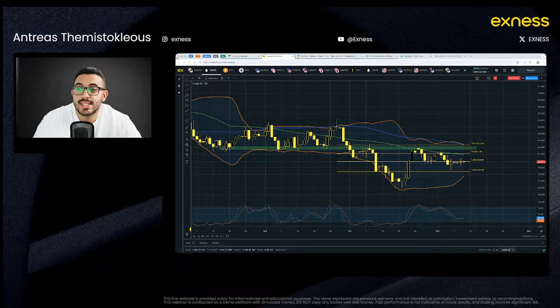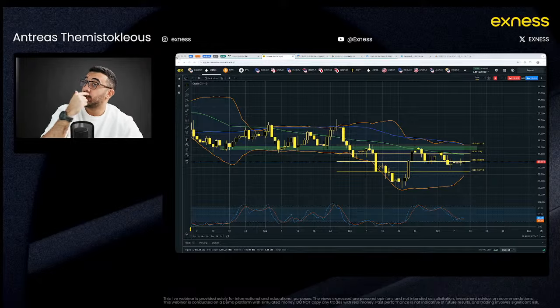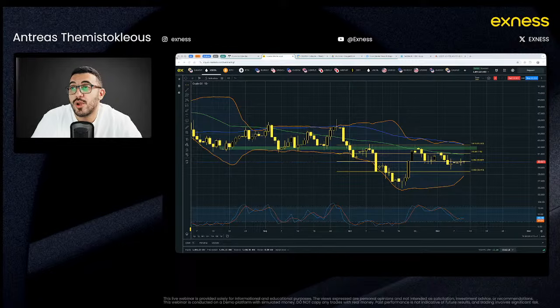We see stochastic being at the neutral level. So what I like to do with indexes is build up my Fibonacci levels on the super short term, or the latest swing, and try to find some entry points. In this case, it looks like we missed it by a couple of days.